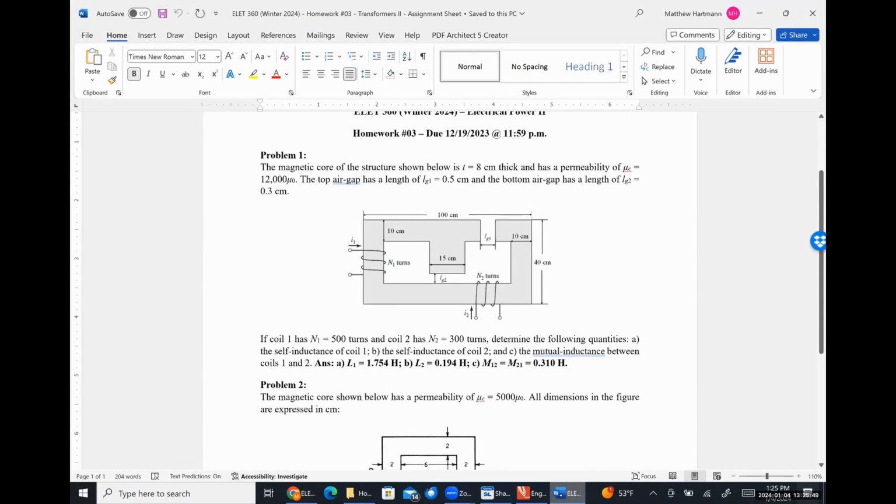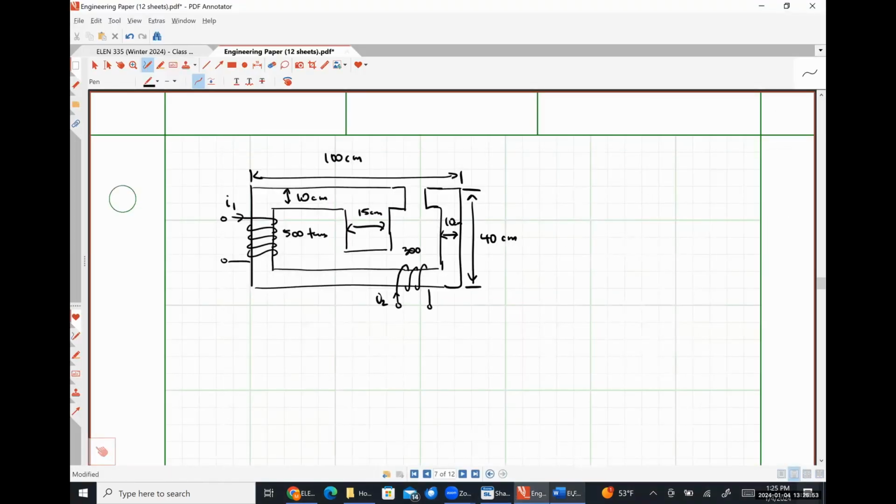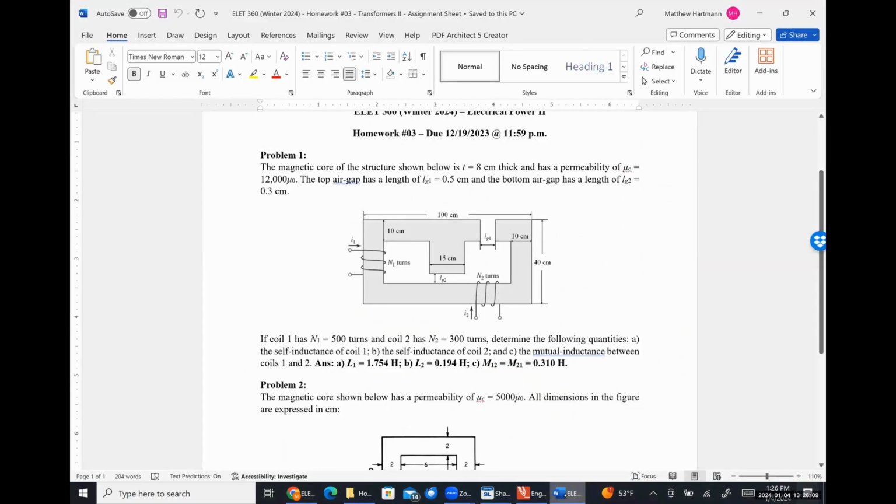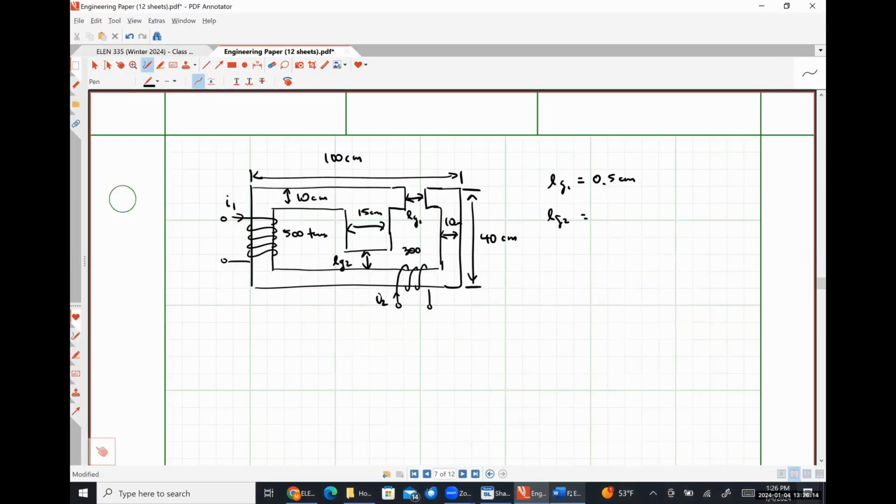LG1 is half a centimeter. LG2 is 0.3 centimeters.